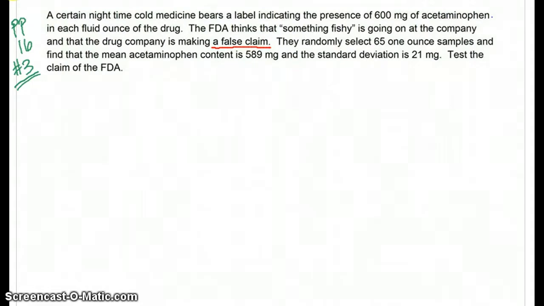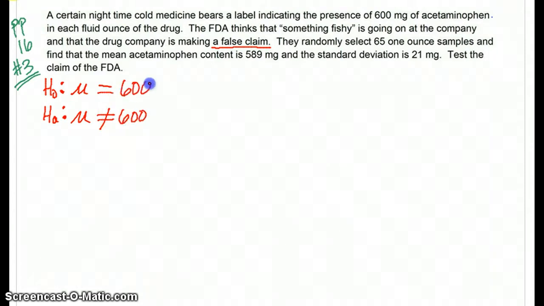So the first thing I want to make sure to do is write appropriately my null and alternative hypotheses so that I don't get them incorrect. We have mean, so we're going to use mu, and we don't think that the company is doing this correctly, so we're going to put not equal to, and of course we're going to say 600 because that's what's indicated by the given information.